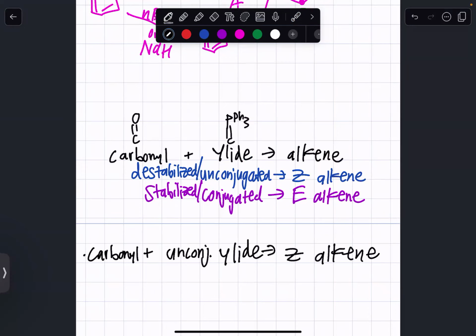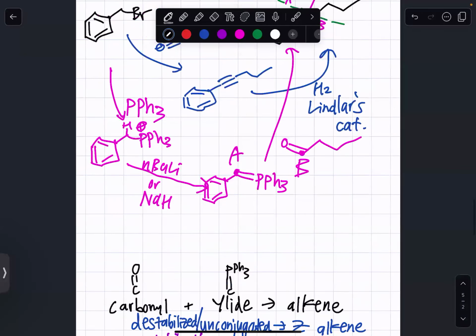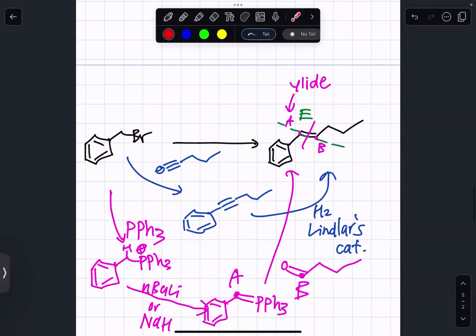Because the benzene side would have been the conjugated side of the alkene, that's why you choose it to be the ylide. Right, because this is the conjugated side, and I want the conjugated side to be the ylide side because we want the E alkene.